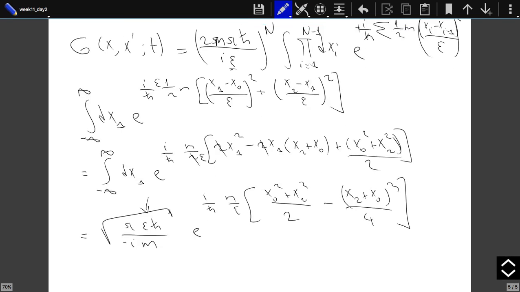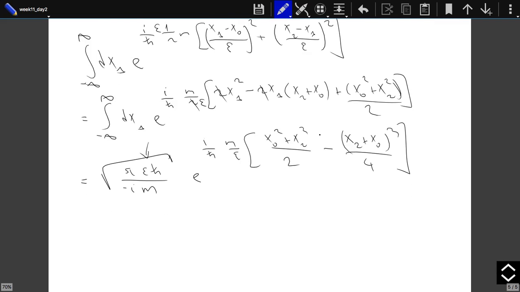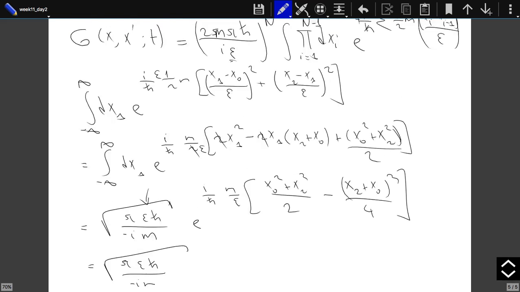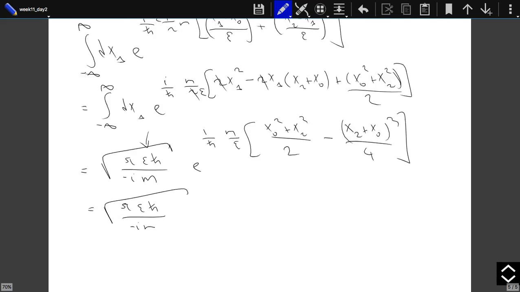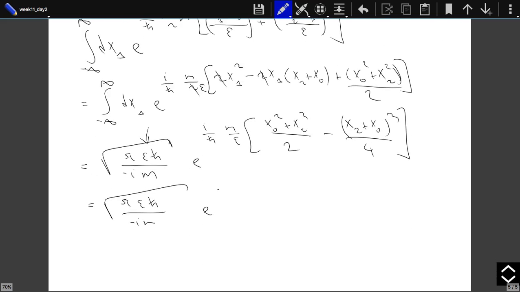Let us just try to simplify that factor. Pi epsilon h bar over minus i m. Well, that minus i is also nice because when I multiply it with i, it will just give me 1. e to the power i m over 2 h bar epsilon. Let's say 4 h bar epsilon. I have x2 squared plus x0 squared.